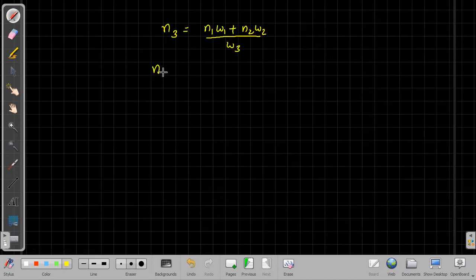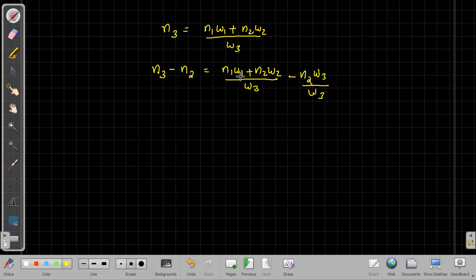Now just subtract N2 on both sides. So N3 minus N2 becomes N1 omega 1 plus N2 omega 2 divided by omega 3, minus N2. Now if you take the LCM, we have to multiply by omega 3 here, so omega 3 upon omega 3. The denominators are the same, omega 3, so we get N1 omega 1 plus N2 omega 2 minus N2 omega 3.